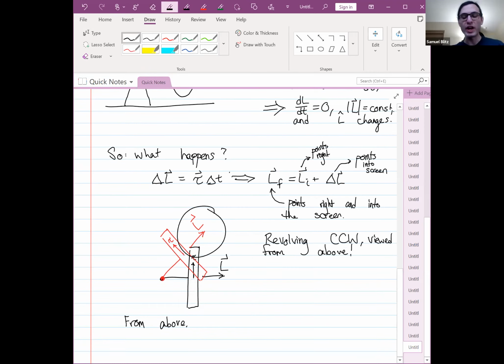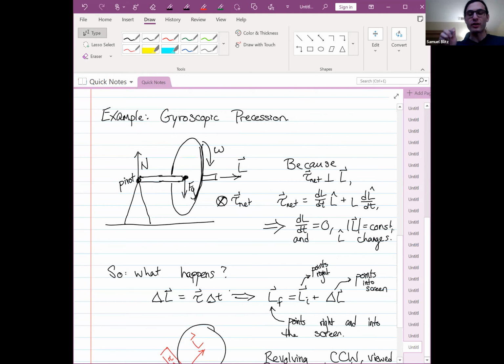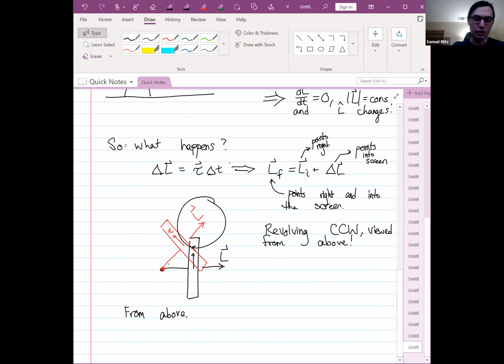And then this whole thing is going to continue, because once the wheel has rotated a little bit, the direction that the torque points also rotates with it, because the vector r has changed. The vector r has gone from being this vector to being this vector.